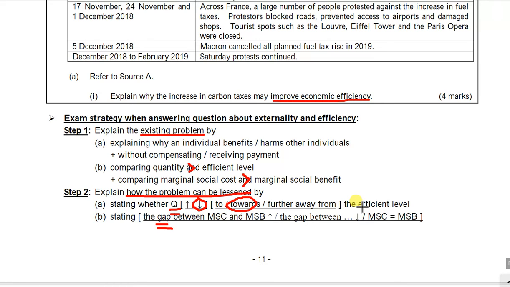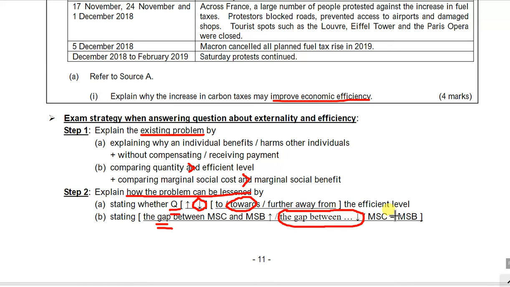And the second thing you have to mention is about the gap between the marginal social cost and the marginal social benefit. And then clearly, because we are going closer to the efficient level, the gap would be smaller. Because for perfect efficiency, we actually have these two being the same, right?